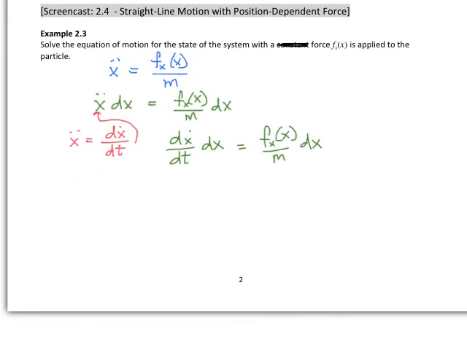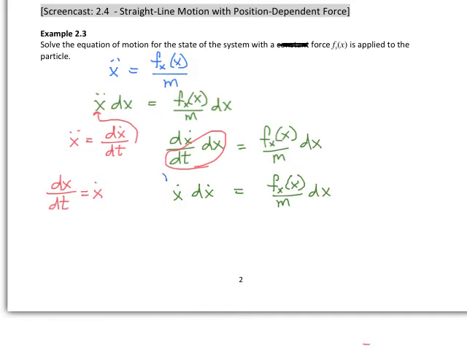And then recognize here that we have dx dt when we combine these two expressions together. And so now we can substitute dx dt is equal to x dot into the left hand side, which now gives us x dot d x dot is equal to the same right hand side, which we started out with, something that was already compatible with an expression that we can calculate.